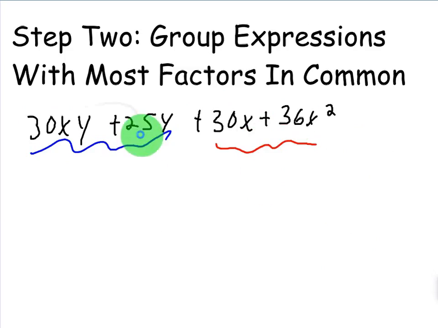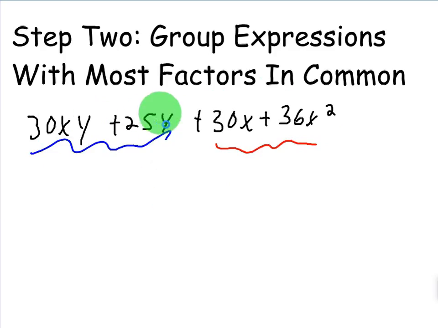So now we have two pairs of factors, and like I said, once you do that, it's kind of like factoring trinomials, where you pull a GCF out of the first two and you pull a GCF out of the second two. That's what we're getting at. So what is the GCF of the first two? 5 what? 5y.